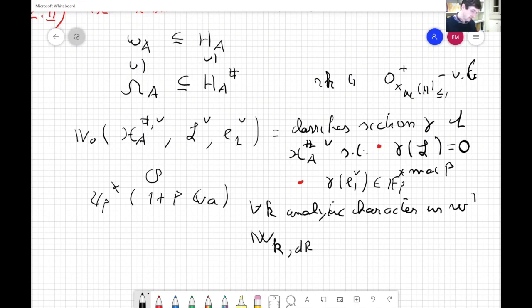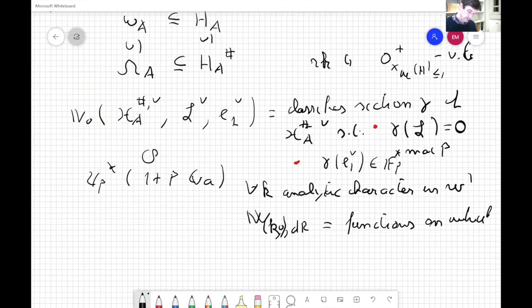I can define WK, maybe I'll add a 0 for the same reasons that I did before, WK0 de Rham, as the functions on which this ZP star, 1 plus PGA acts via the character K.